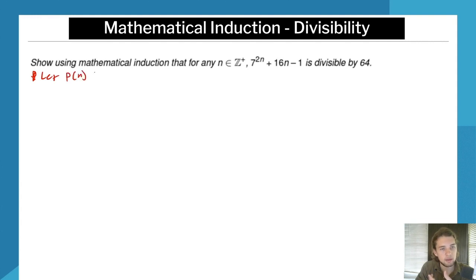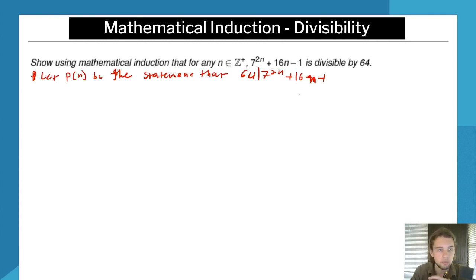So let's first say let Pn be the statement that we can write it like this as well. You might not know, but we can use a vertical line to say that 64 divides 7 to the 2n plus 16n minus 1.